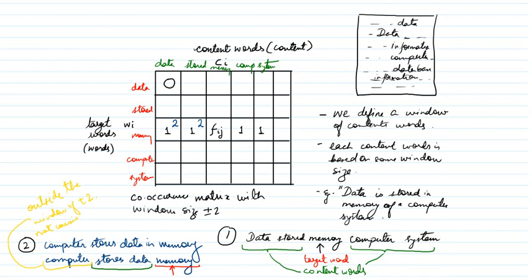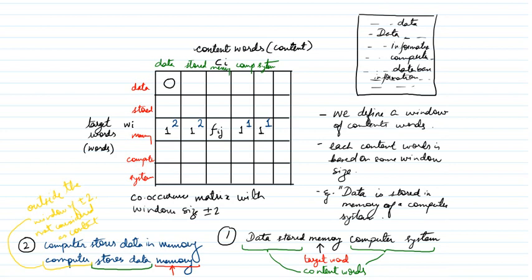In this case computer remains 1, and system is not there, so it remains 1, right? So in this way we populate this co-occurrence matrix with window size plus minus 2, right?